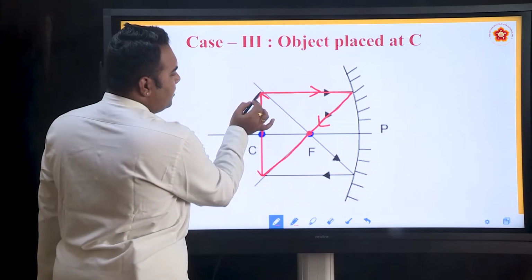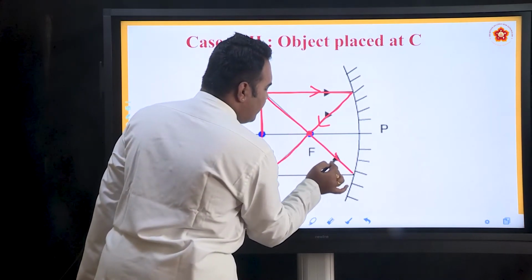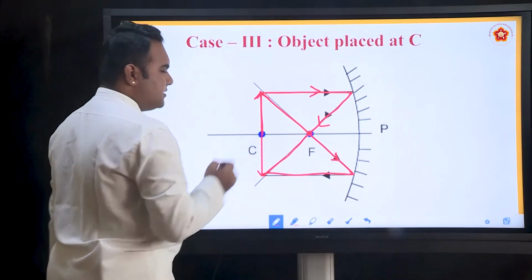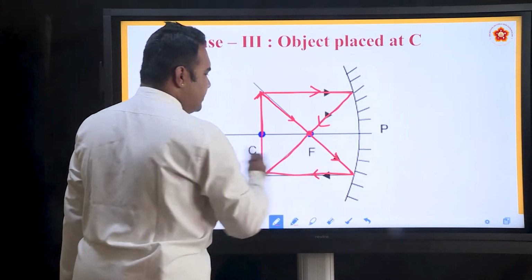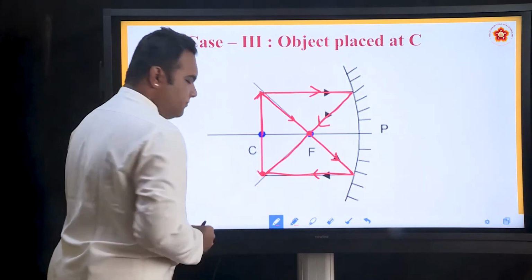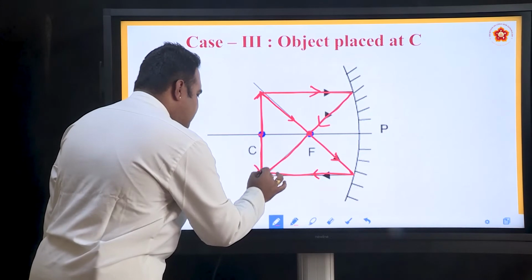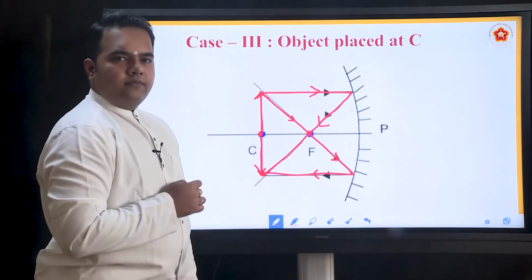Now, another ray of light which is passing through the focus, after the reflection it emerges parallel to the principal axis. Now, using these 2 rays of light, when I see where they meet and draw the image, the reconstructed image will be formed exactly at the point C.